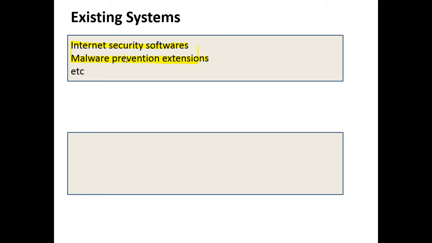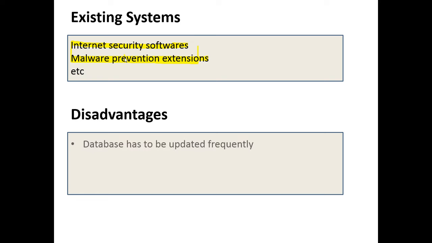Even though all these plugins are very well accepted and work fine, they still suffer from some disadvantages, like their database needing to be updated frequently. They maintain a database to check whether it is a valid site or a malicious site. So every time the plugin finds a malicious site, the database will be updated.